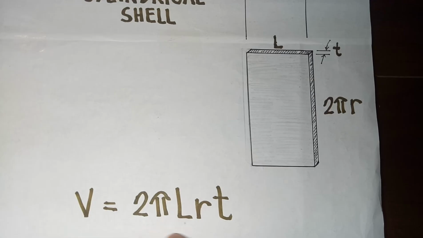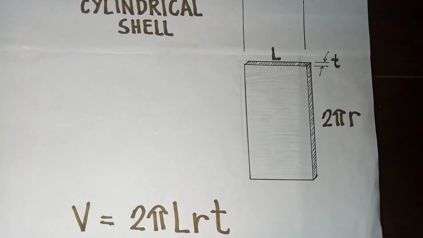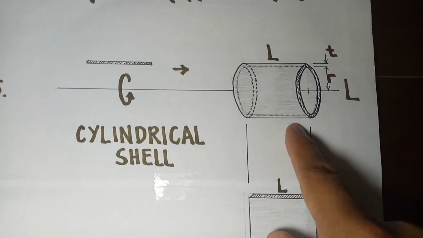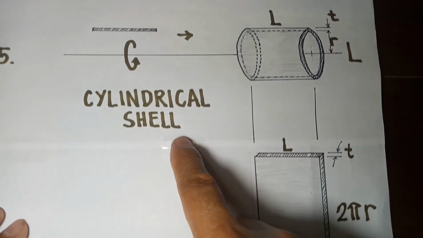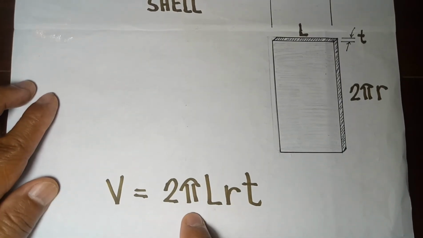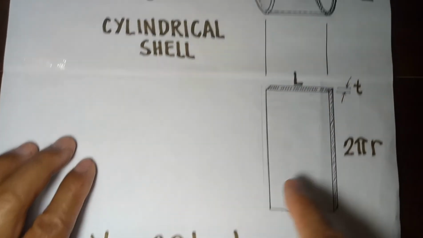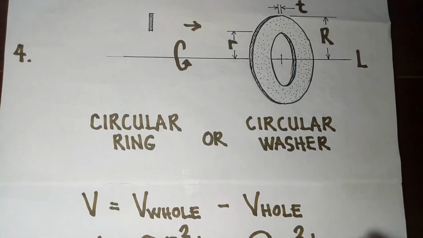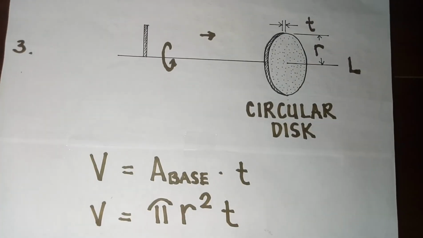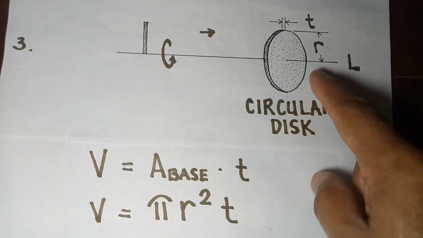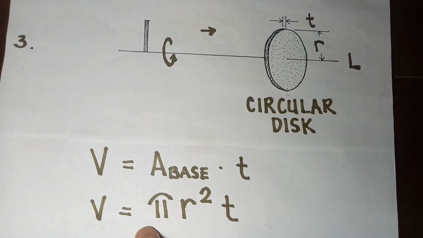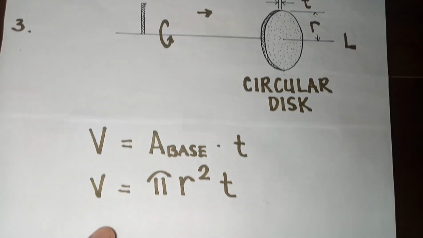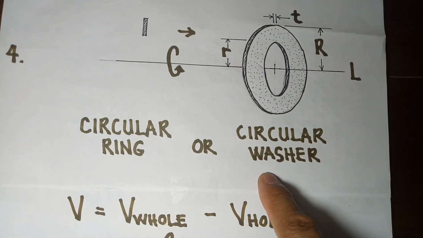So, kailangan din natin tandaan itong formula na ito ng volume ng cylindrical shell dahil sa pag-solve ng volume of solid of revolution, gagamit tayo ng tinatawag na cylindrical shell method. So, volume ng cylindrical shell, 2 pi L R T. So, ulitin natin yung mga volume na dapat nating tandaan. Una, yung volume ng circular disc. Ang radius ng circular disc ay R, ang thickness ay T, ang volume equals pi R squared T. Volume ng circular washer.